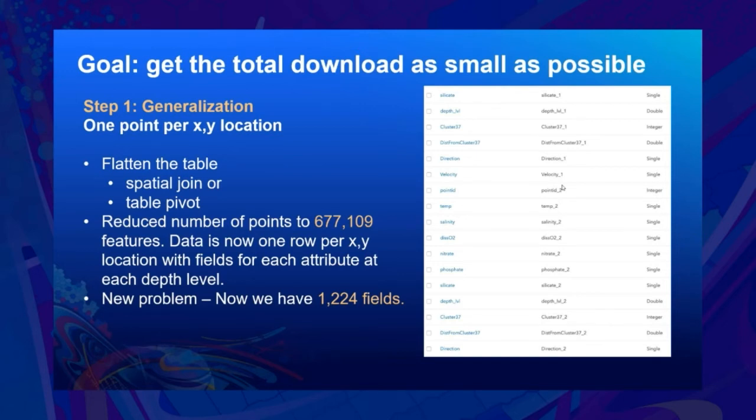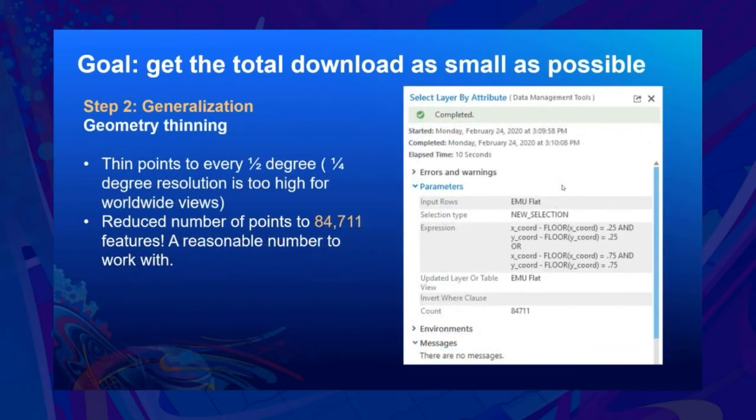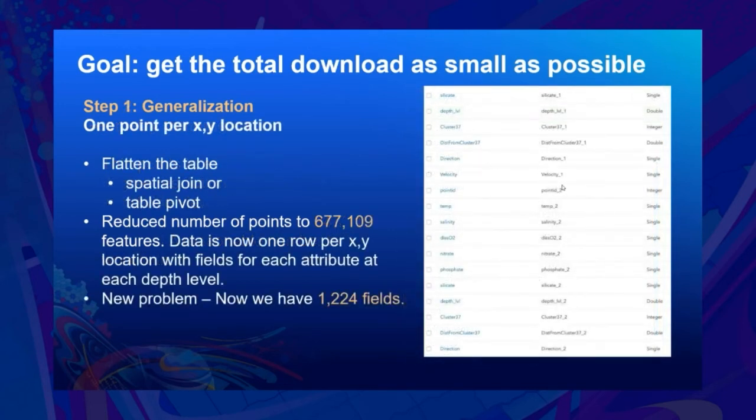An individual row has a single XY, and there's only one XY in the entire data set. Each depth level for each variable is now a column. The problem is that we now have over 1,200 fields, which is too much, but we'll talk about that in a second. 677,000 is also still quite a bit.